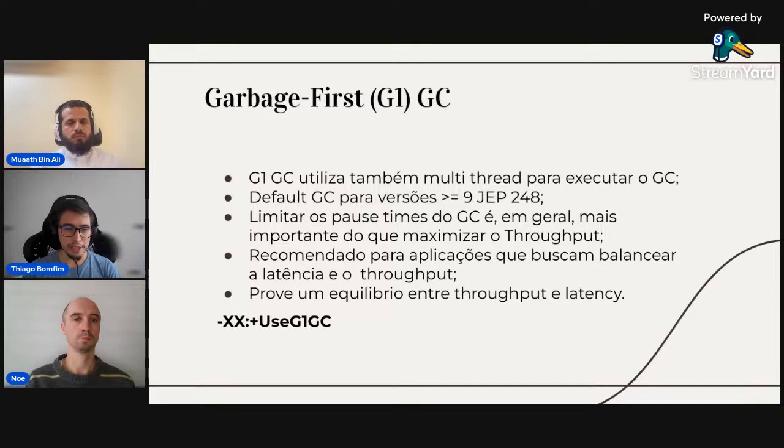So I said that if you're using Java 8, the default GC is parallel GC. But if you're using versions 11, 17, higher versions, now the default is G1, okay? And G1 GC also uses multiple threads to execute the GC.